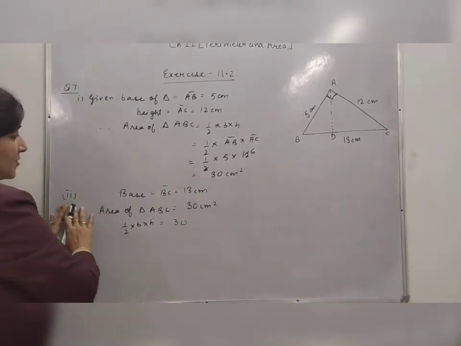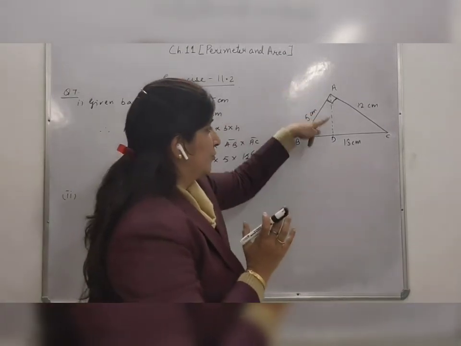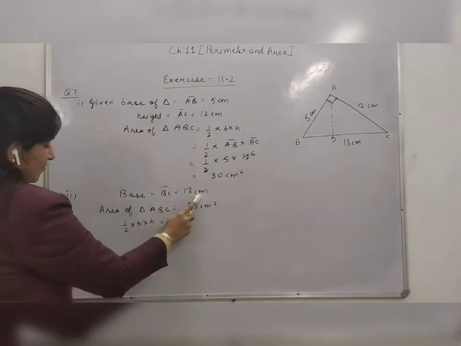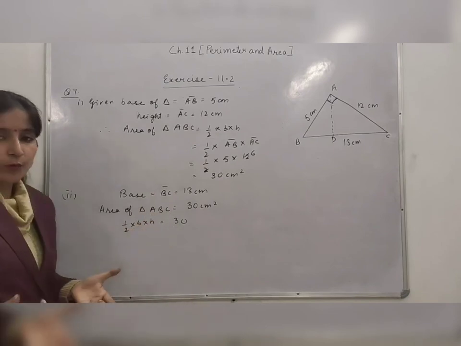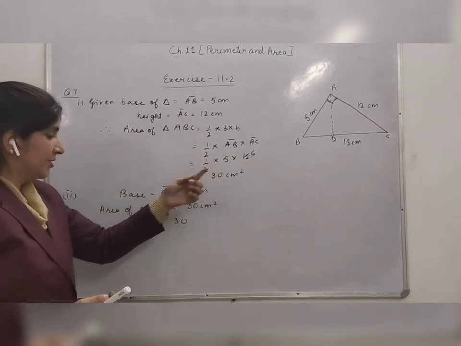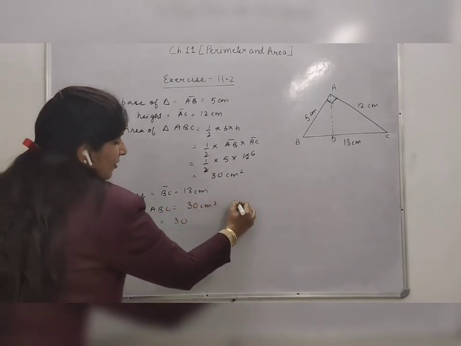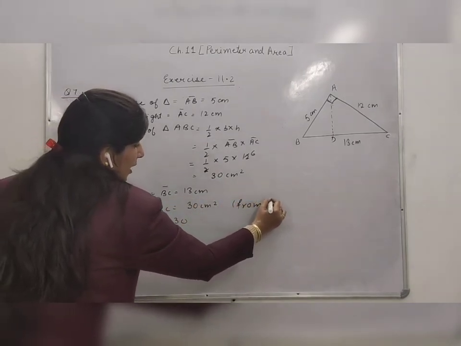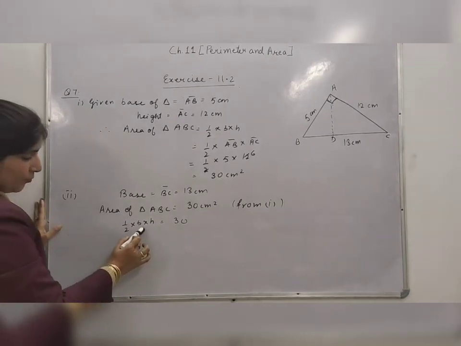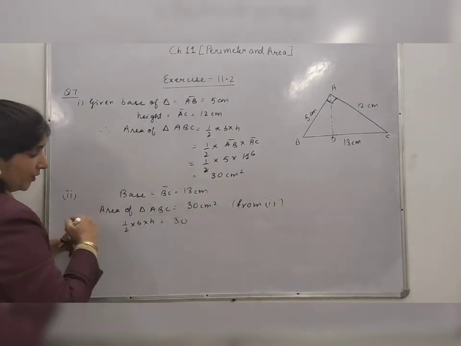Now, second part in which we need to find the value of AD. For that, we have the base as 13 centimeter. Area of the triangle remains the same, that is 30 centimeter square, which we found in the first part. Now the formula is half into base into height, which is equal to 30.